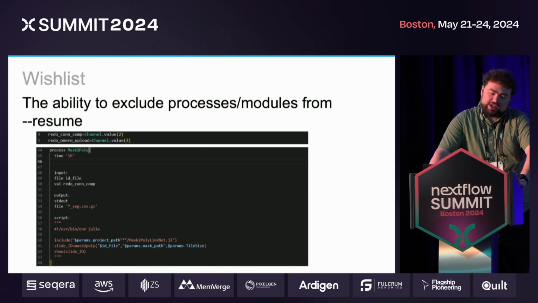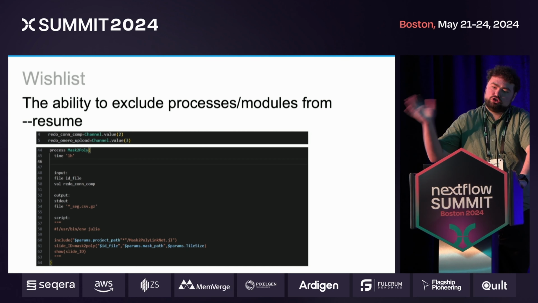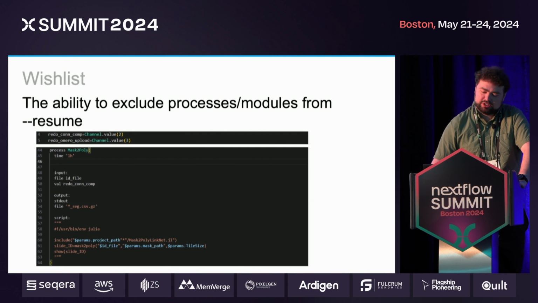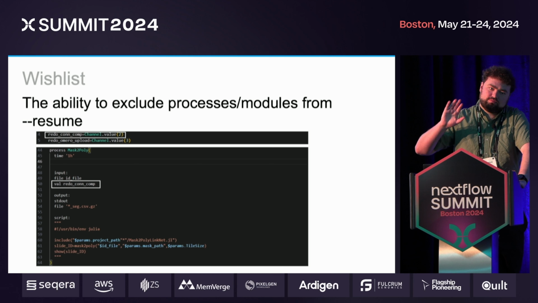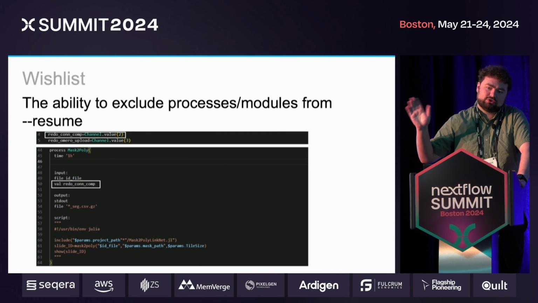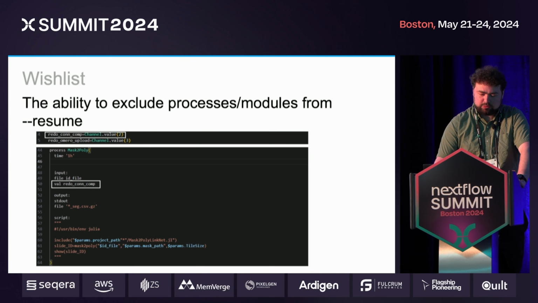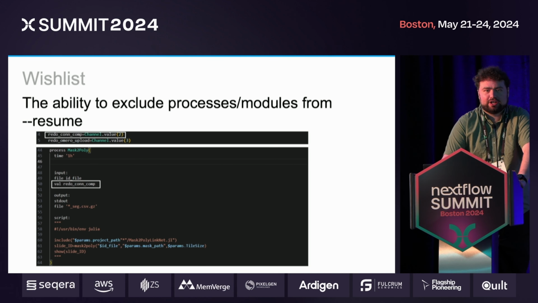It would be nice to have a flag that would basically tell NextFlow, don't resume this process, always restart it. What we've been doing so far is we create these channels that are basically just iterated, their whole purpose is to modify the hash so that it knows to redo that process. But if anyone has a more elegant solution to that, we'd be very interested.